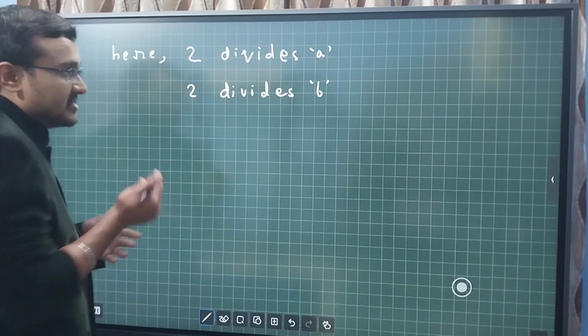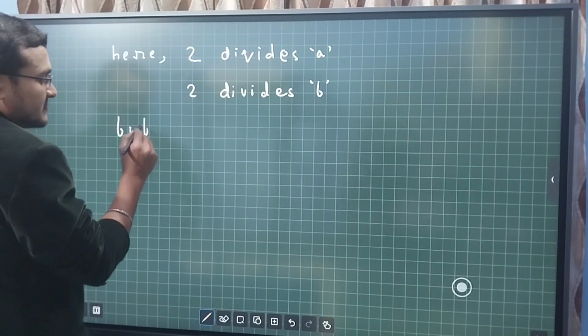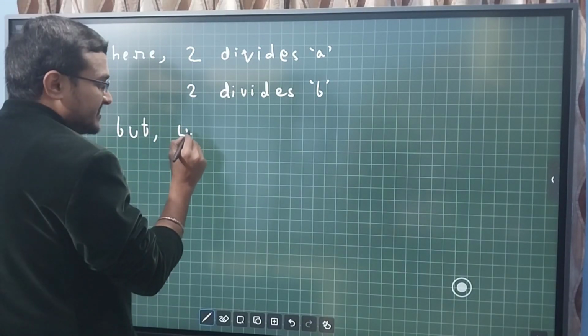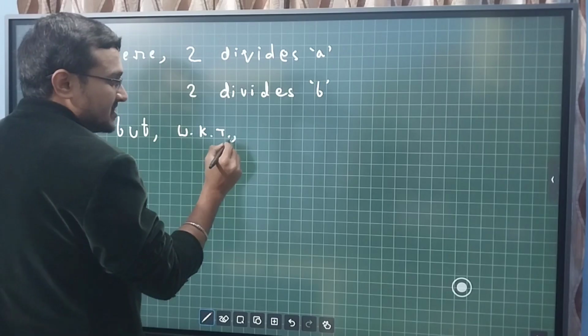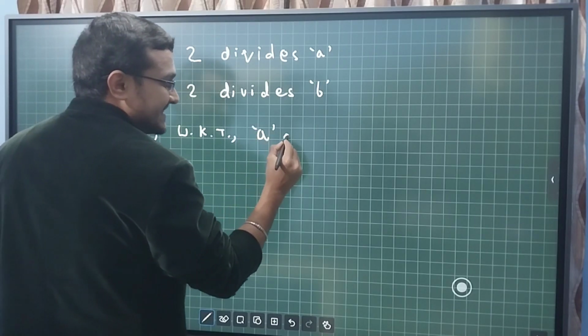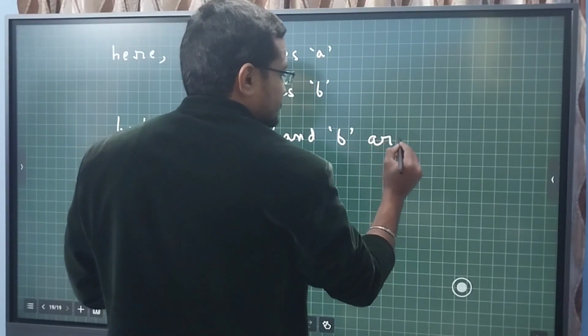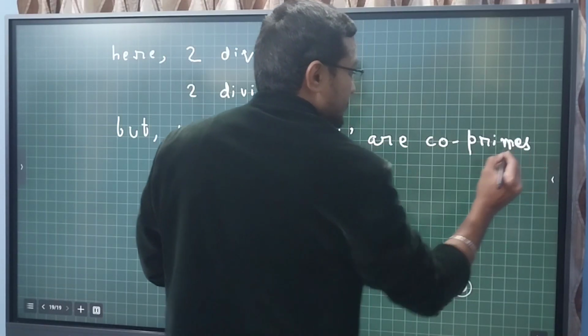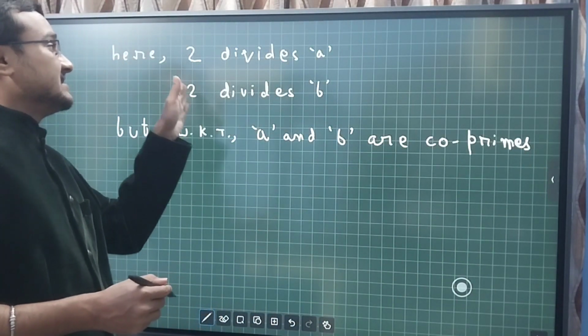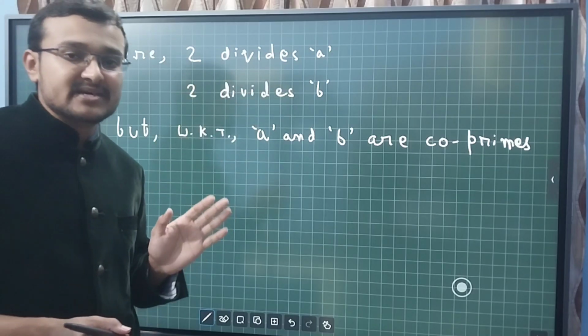So this cannot happen. But why can this not happen? We know that A and B are co-primes. So if A and B are co-primes, then how can 2 divide A and 2 divide B?